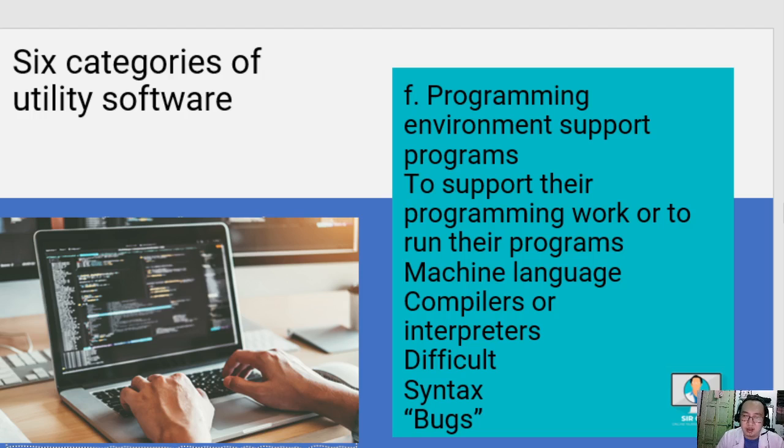You translate human language to computer language so that the computer can understand you. The programs that perform these translations are called compilers or interpreters. The better word is interpret, not translate.